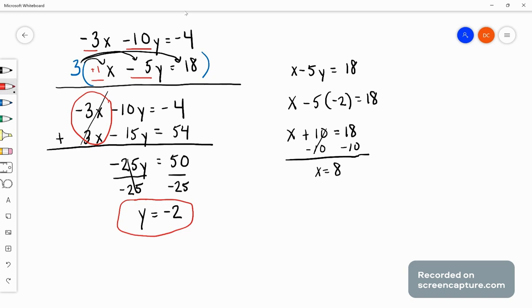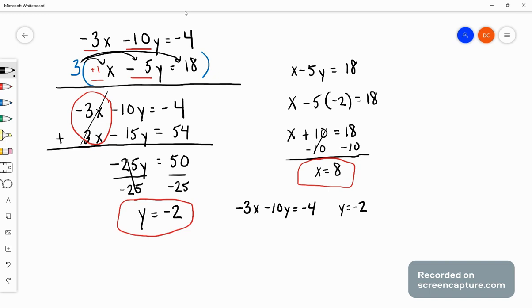Okay. And again, we always want to check your answers. Oh, I did say I would show how it's going to be the same as the other one, so let's do that real quick. So negative 3x minus 10y equals negative 4, and I want to show that if I had done this with y equals negative 2, I could have also just solved for the x.